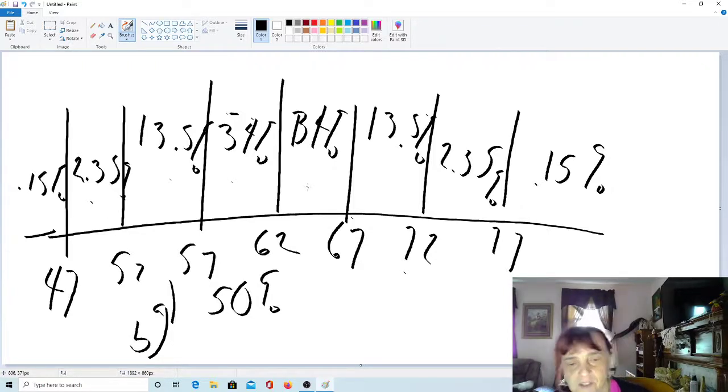Okay, between 47 and 67. 34 plus 34 plus 13.5 plus 2.35. It'll be 83.85%.